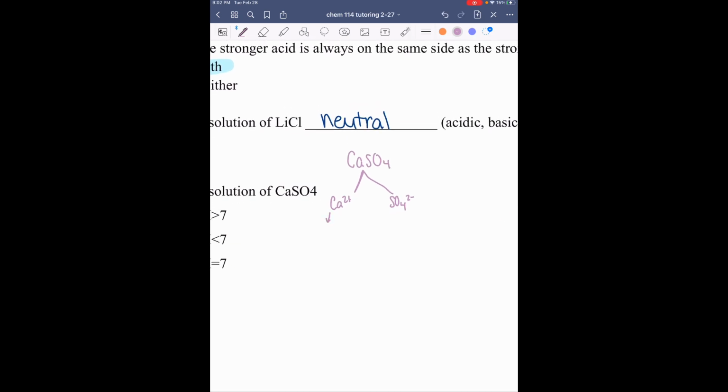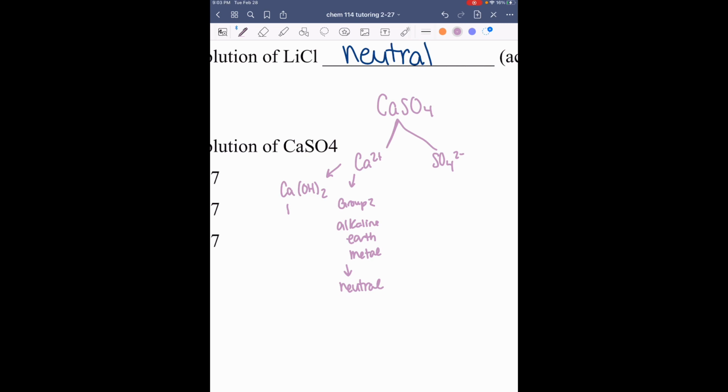So Ca is a group 2 alkaline earth metal, which is neutral. You can either just know that because it's really common and we use it a lot, or you can recognize that Ca(OH)2, and remember there's that 2 here because of that 2 up there, we cross, is a strong base.